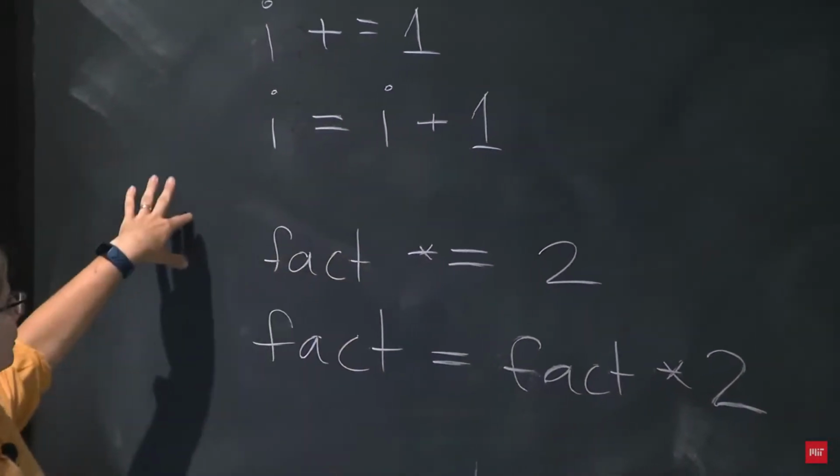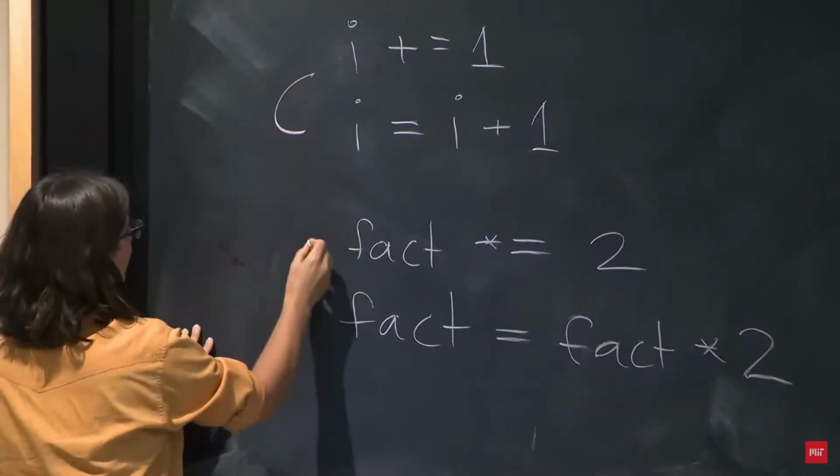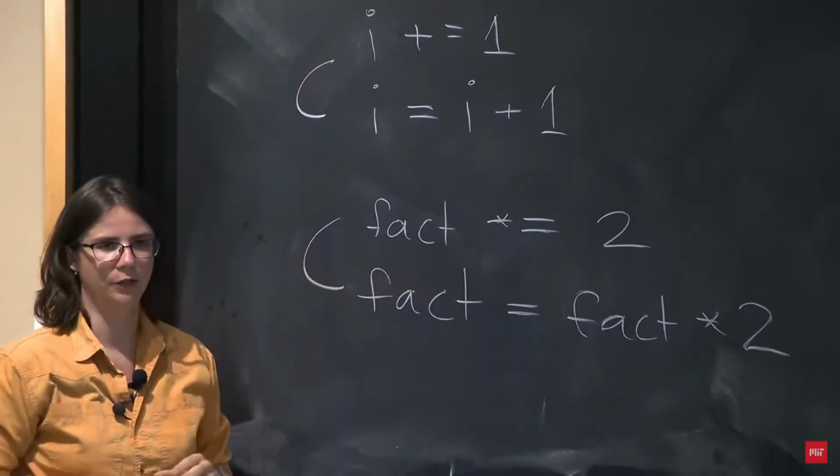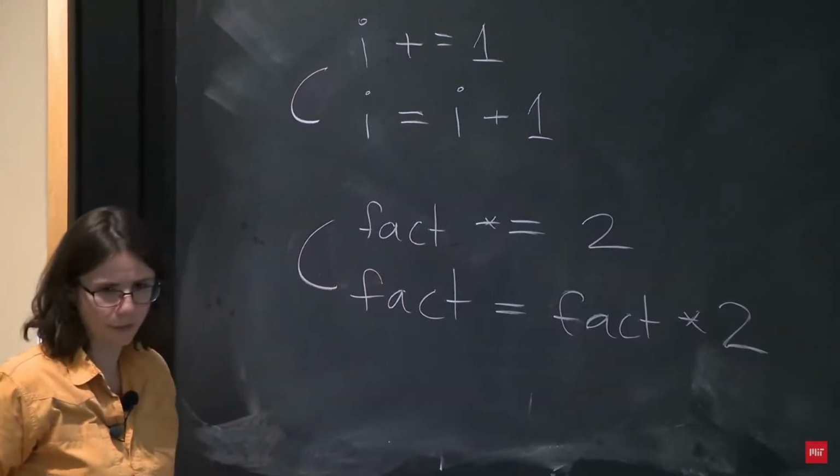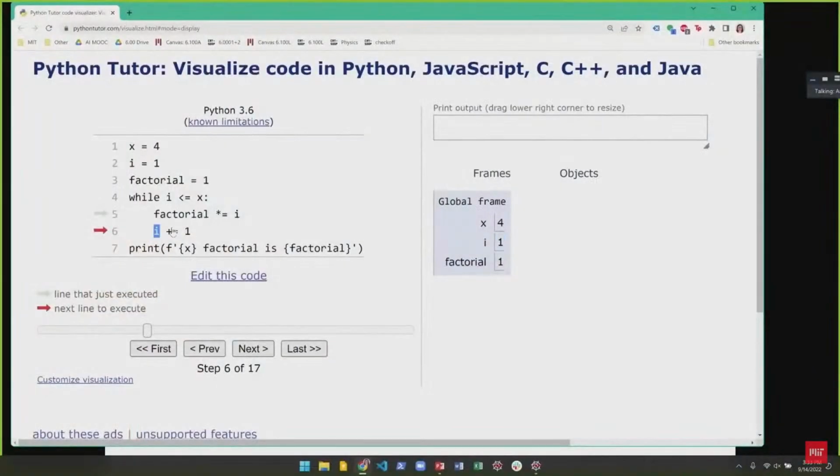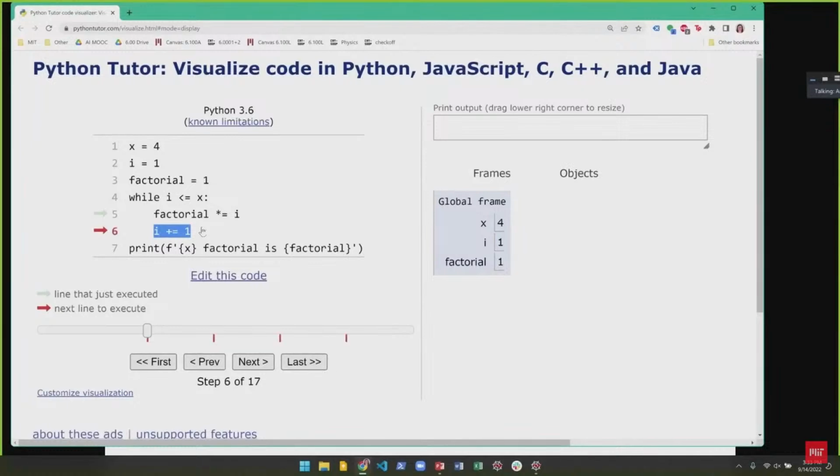So that's the pattern here. These are equivalent and these are equivalent. This is just shorthand notation in programming. So that's what this line here means. i += 1 means i = i + 1. So at this line here, I'm taking whatever i is and adding 1 to it, 2.